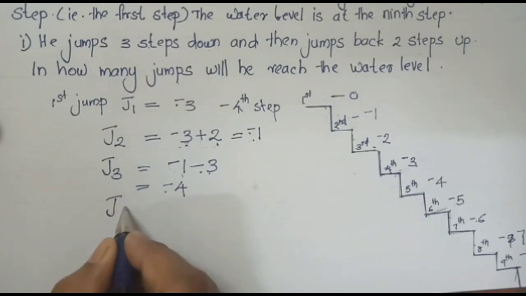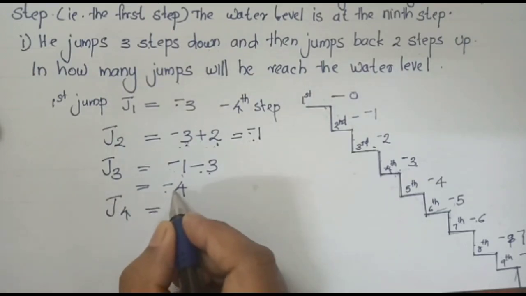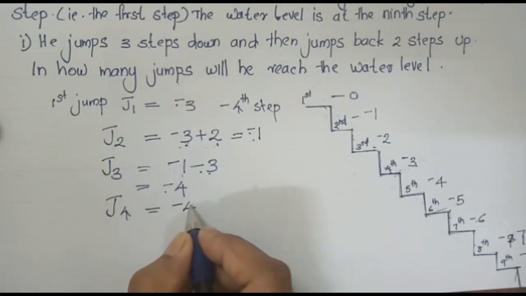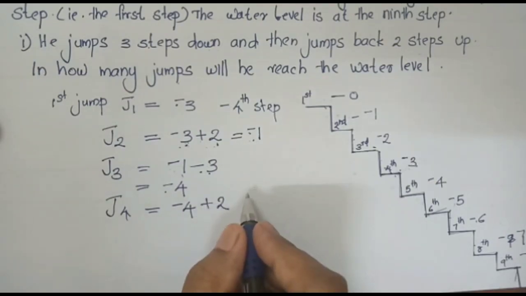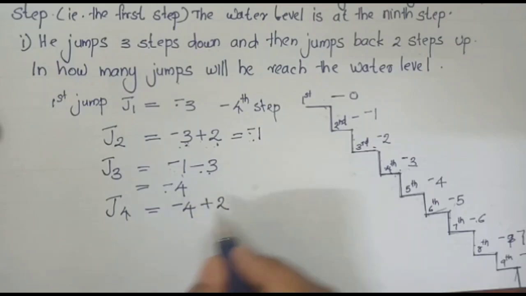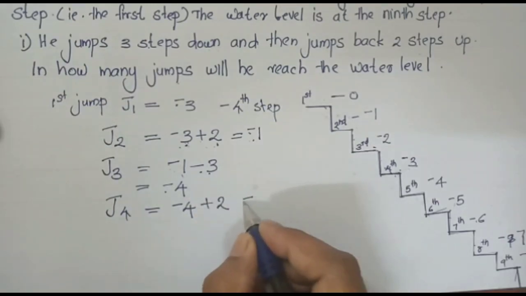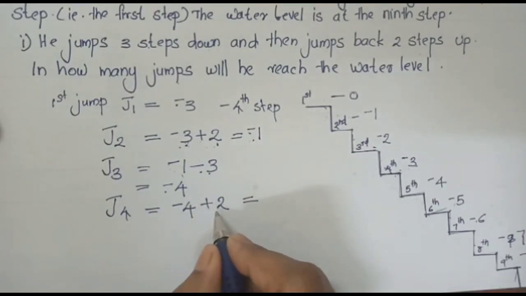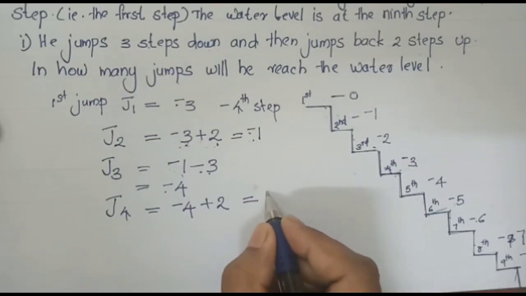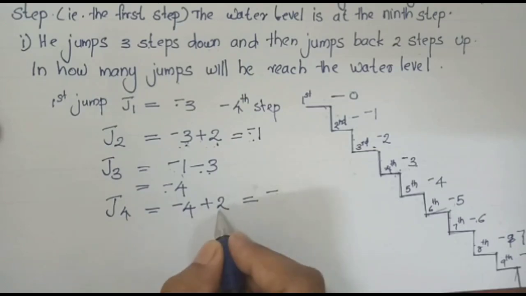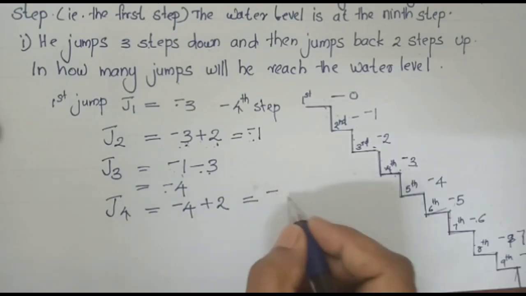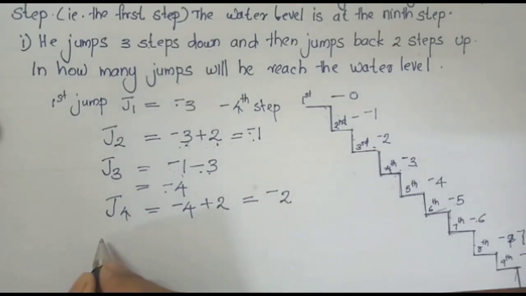Now J4 equal to, he is jumping from -4 plus 2. He jumps 2 steps up again. -4 plus 2, one negative and one positive, so the sign of the larger number, which is negative, and we take the difference of 4 and 2, which is 2. So -2.